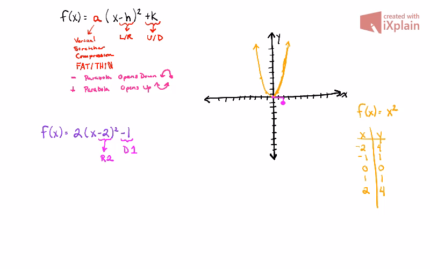So the 2 here is not necessarily needed in a sense. It is going to tell you how fat or thin your parabola is going to be, but you don't need to use it directly in your calculations. What I would suggest trying to do first is to find the y-intercept.